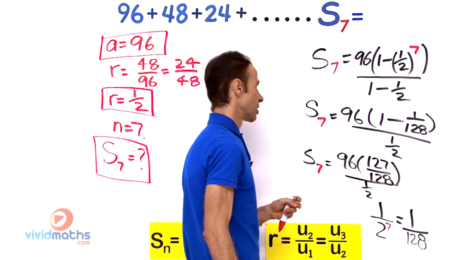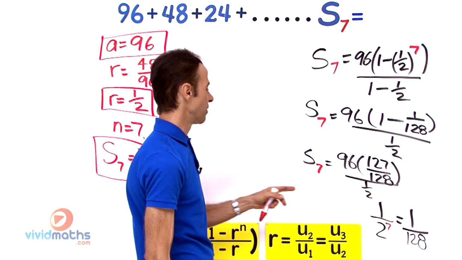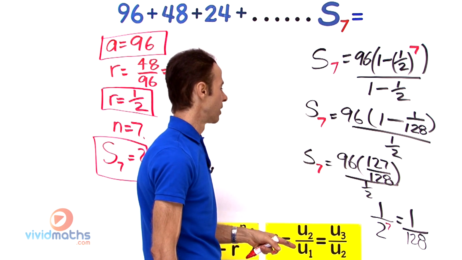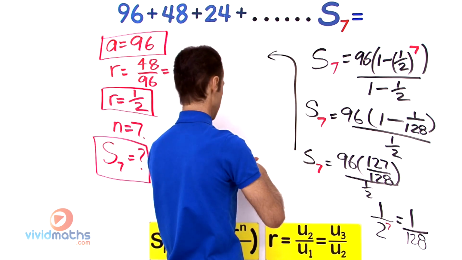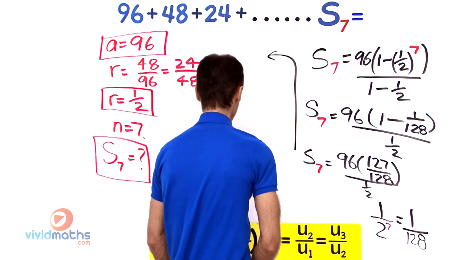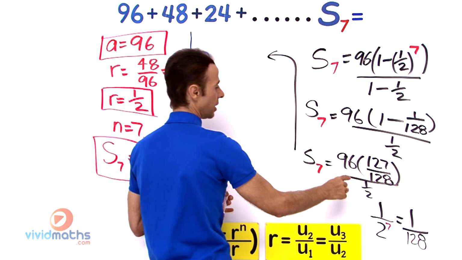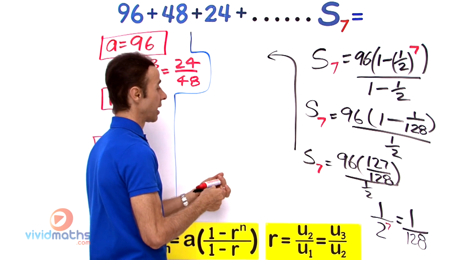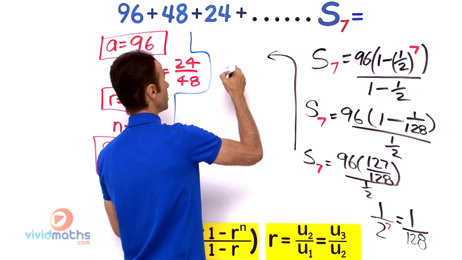Let's continue with this half here. What I'm going to do is divide the half into the 96. That's going to be 96 divided by 1/2, which is 192. So let me just write it here, 192.